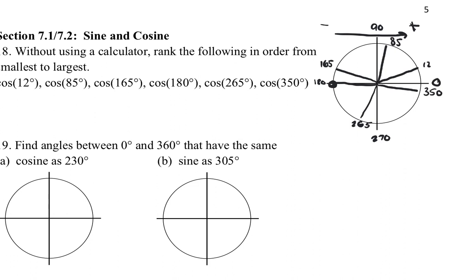So our smallest point is cosine of 180, as the biggest negative number. So it's the smallest. The next one is going to be this 625 degrees. Right, next one is going to be this one.